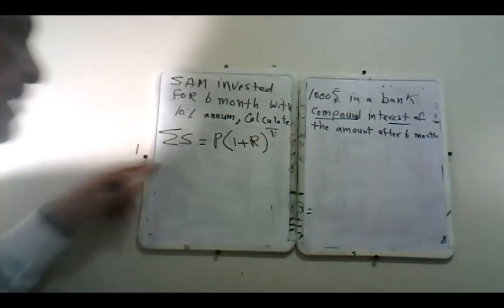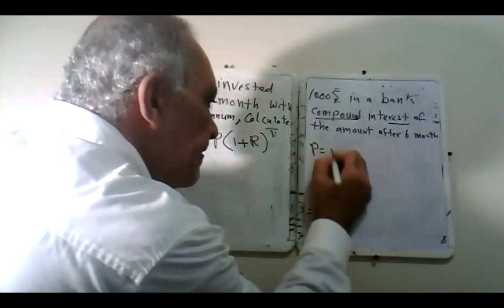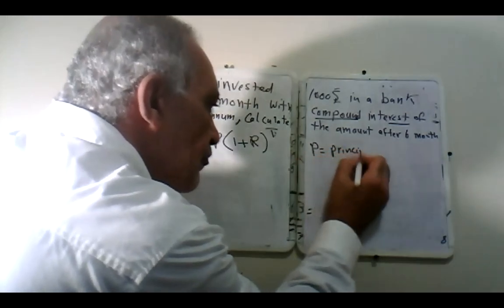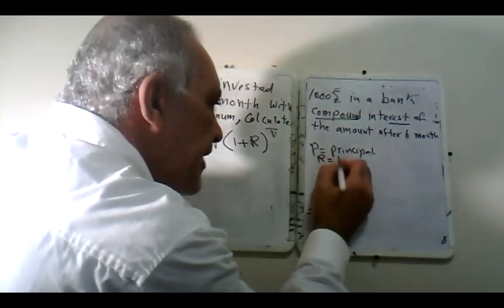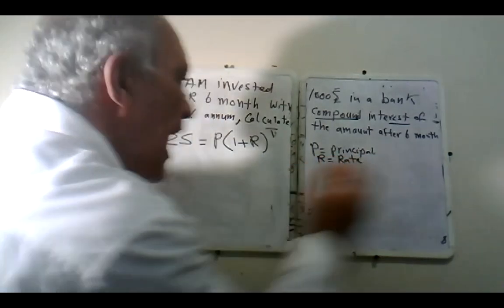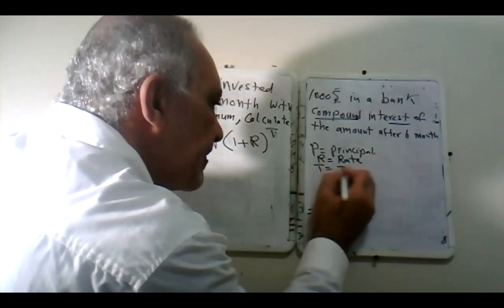Like I said before, P is the principal, R is the rate and T is the time.